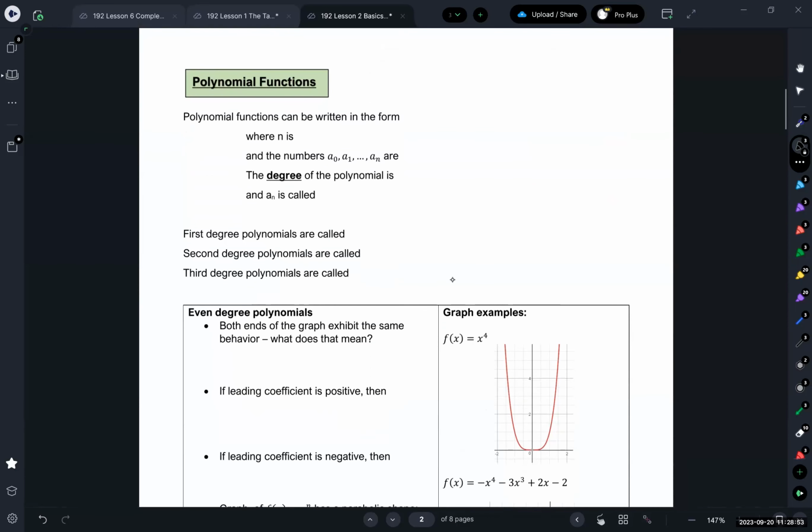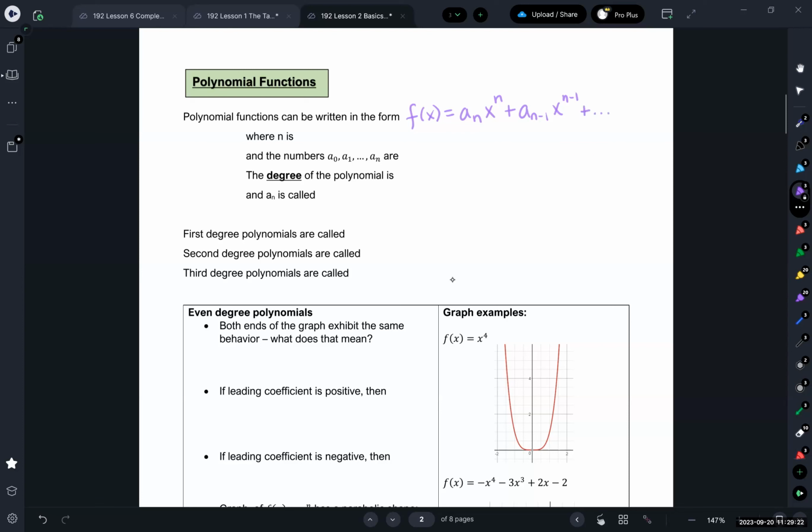Next, we're going to look at polynomial functions, which are those things that we can write like this. It's kind of complicated looking when you write it with all the letters. We have coefficients, which we denote with a's, and we have exponents, which we denote with n's.